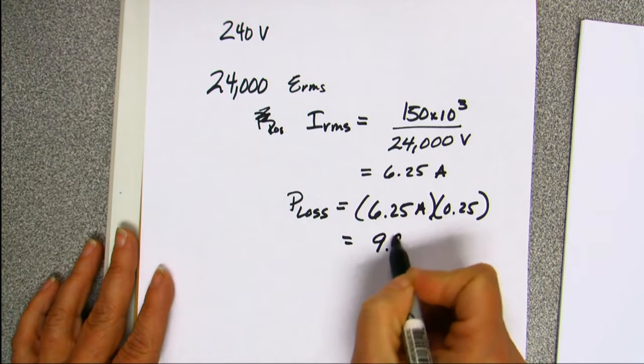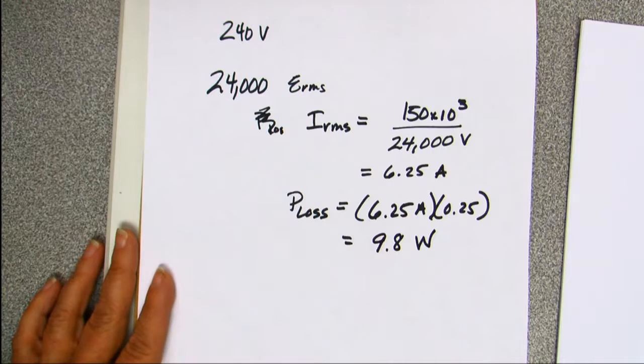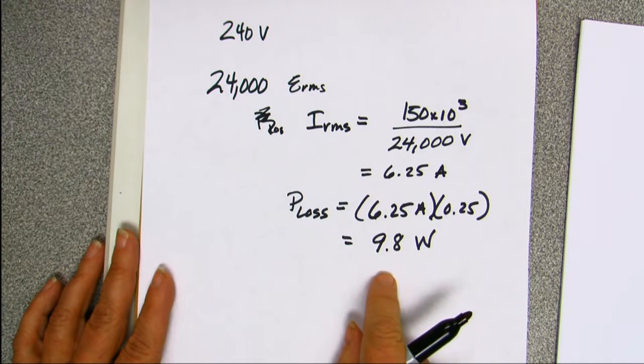I only lose 9.8 watts. So by being able to step up the voltage in the AC current, it's going to make long transmission lines lots easier, and I don't lose a whole lot of power over my system.